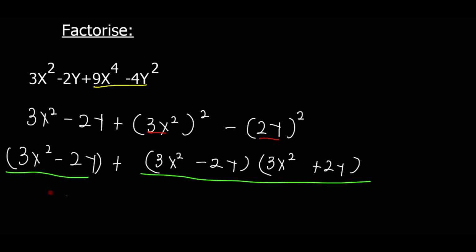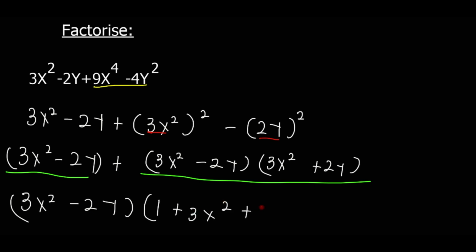So from here re tlo ba le 3x squared minus 2y divided by 3x squared minus 2y, you get 1 and then ka mo 3x squared minus 2y you cancel 3x squared minus 2y and then ra šala ka 3x squared plus 2y and then this is our answer.